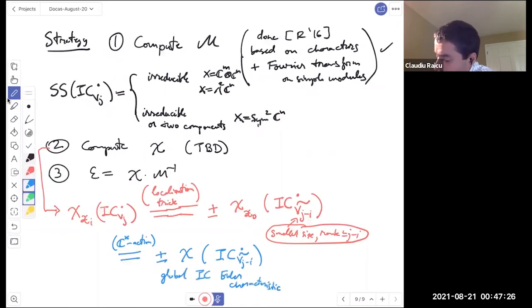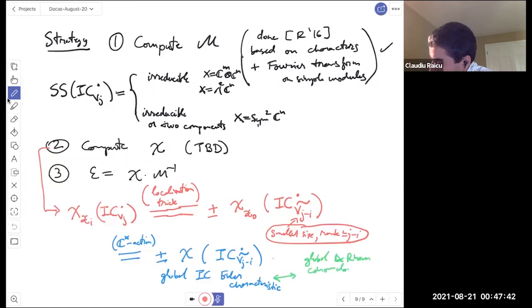And again, if you like the D-module world, this is the same as the global de Rham cohomology of the simple module associated to this subvariety V_{j-i} tilde inside a smaller matrix space, which we now call X tilde.